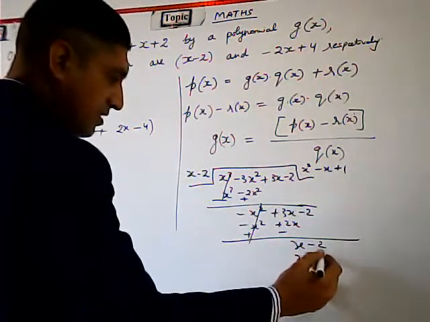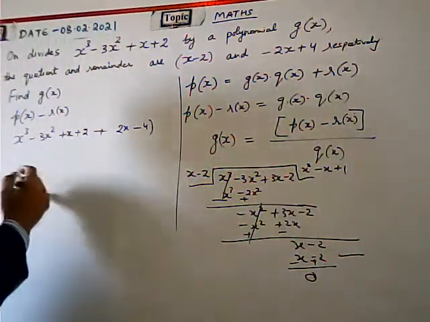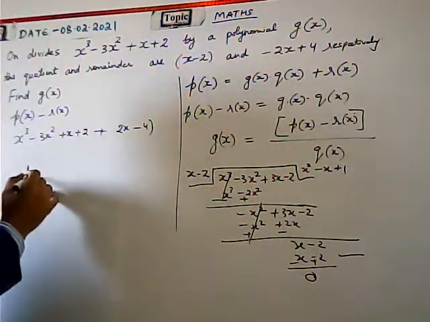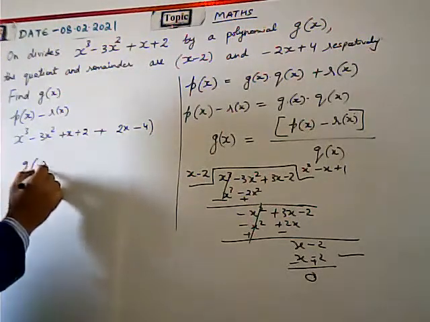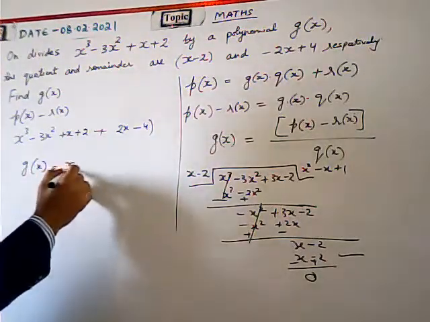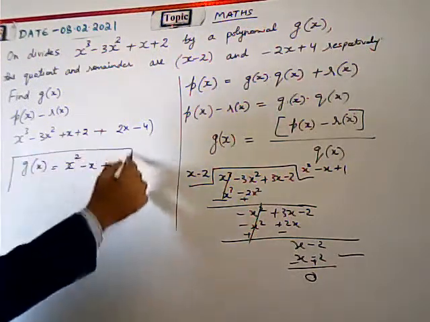Then x minus 2, and subtracting, we have the remainder zero. Therefore, g(x) is x square minus x plus 1, right?